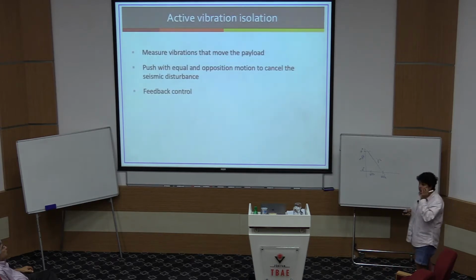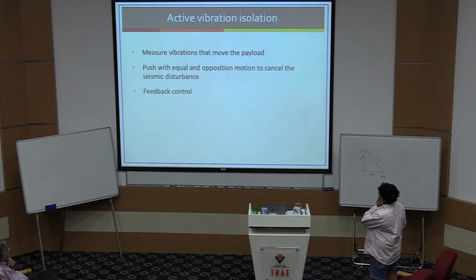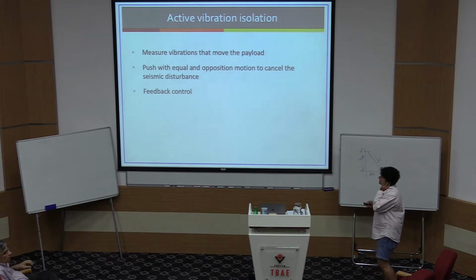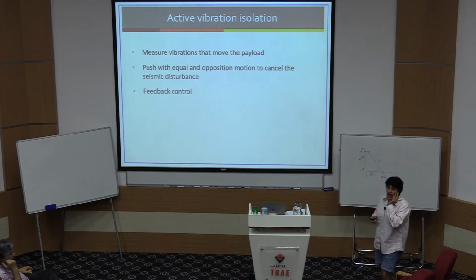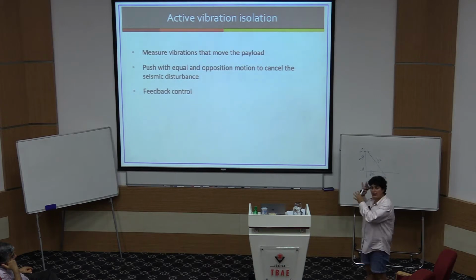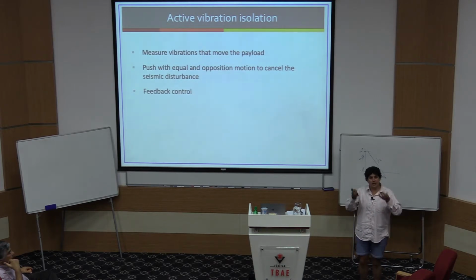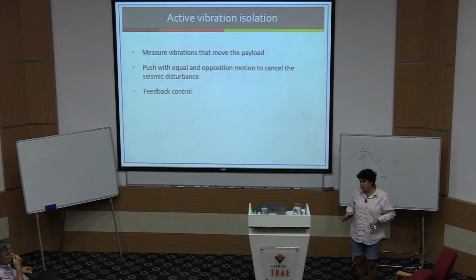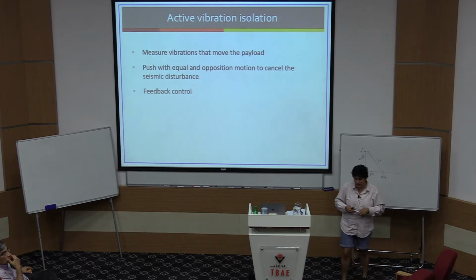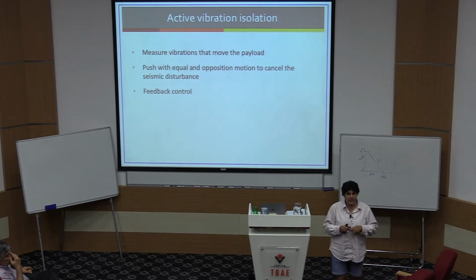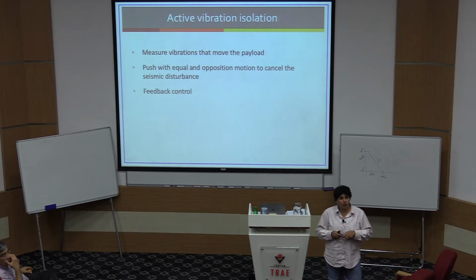Now that's not the only trick that you can use. There's another trick that you can and should use, which is active vibration isolation. What I showed you right now is passive. You build a super harmonic oscillator and you use that to do the filtering. Now, active isolation is very similar to noise-canceling headsets.